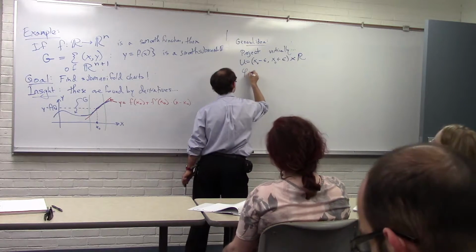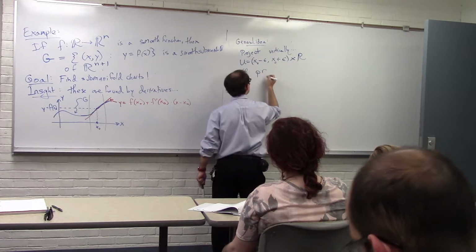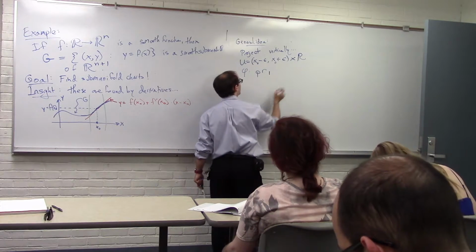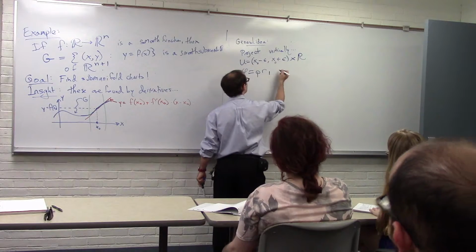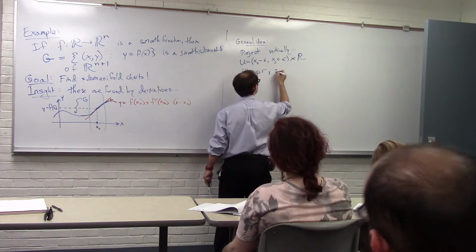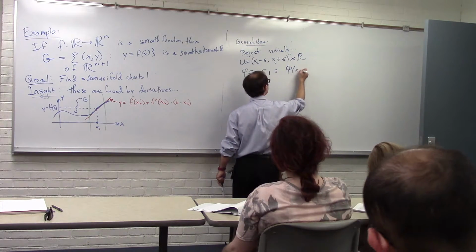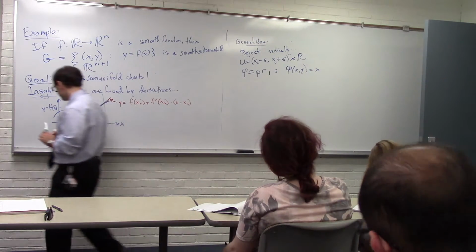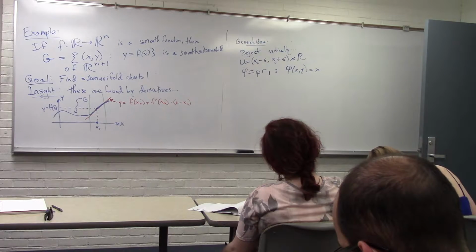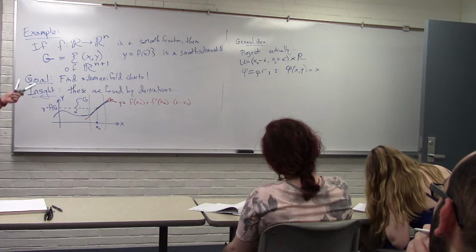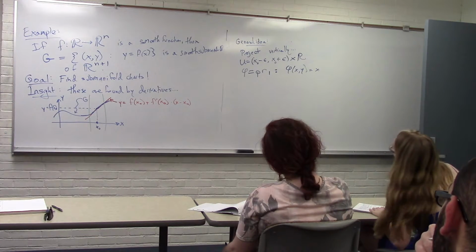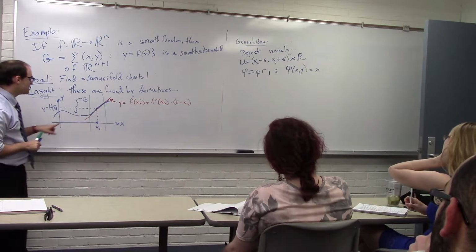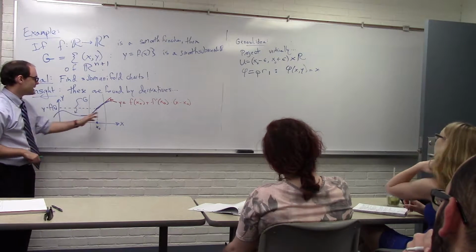And my phi is going to be project onto the first coordinate, which is phi of x, y, which is x. Now, how do I know that if I take a collection of these submanifold charts, they're going to end up first of all doing the right thing when I have a neighboring chart?